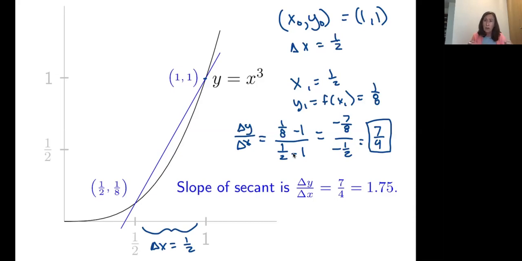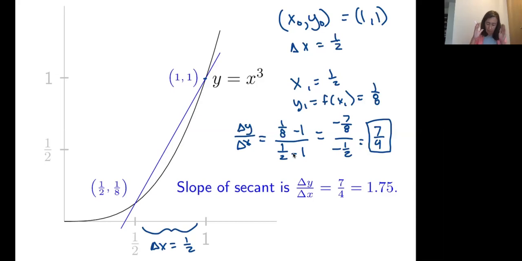So when we do rise over run for a nonlinear function, we're not really calculating the slope of the function itself. We're calculating the slope of a secant line that's cutting that function at 2 points, the 2 points that are defined by our starting x and y values and our ending x and y values.